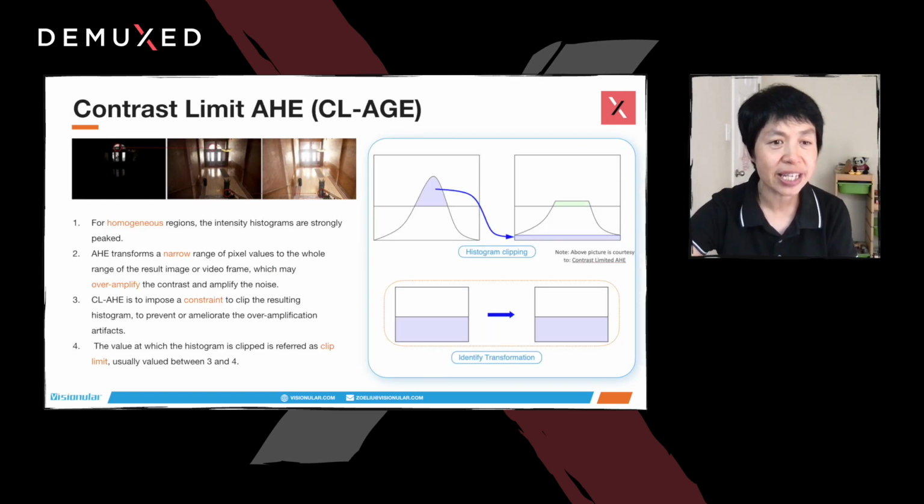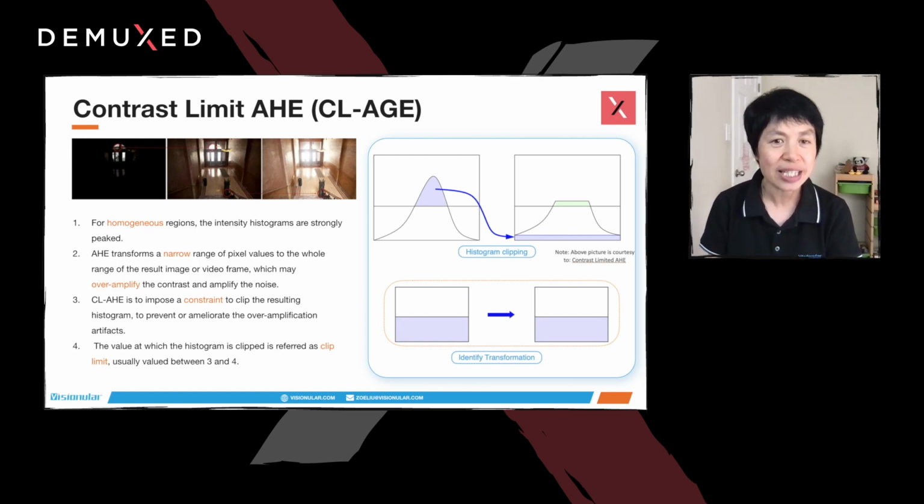On top of the adaptive histogram equalization, there's also a further contrast limit that is generally applied in this procedure, because during such a histogram transformation, other artifacts such as noise amplification may be introduced.